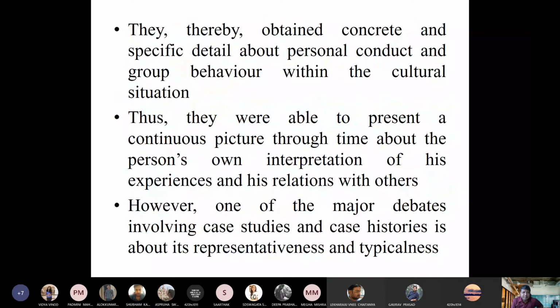They thereby obtained concrete and specific detail about personal conduct and group behavior within the cultural situation.